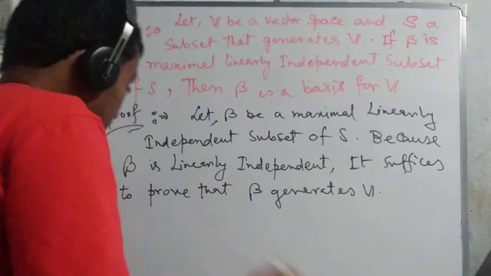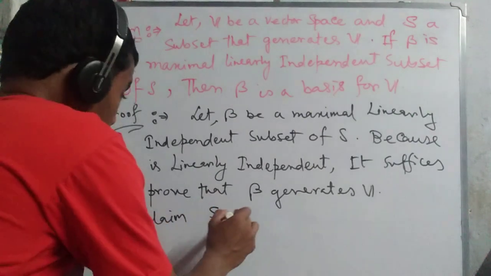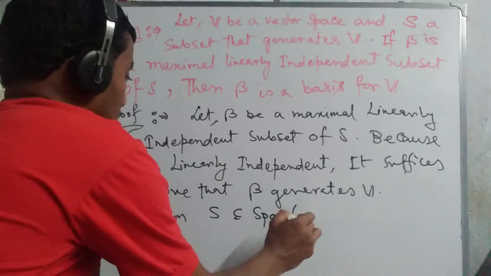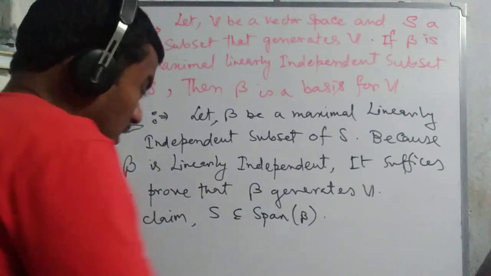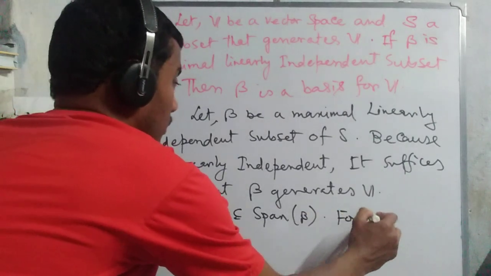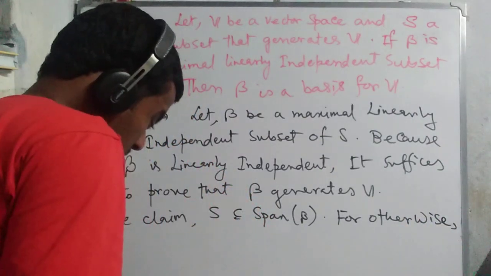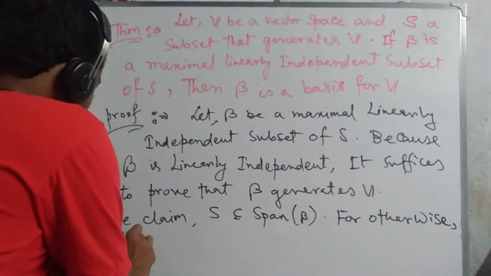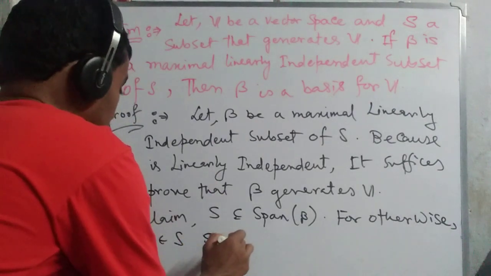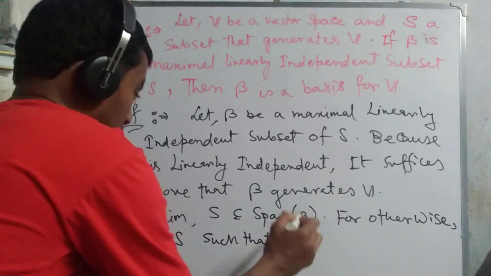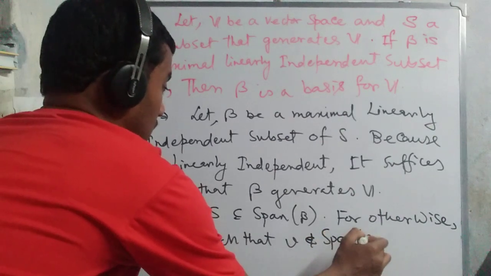Now we claim S is a subset of span of beta. For otherwise, there exists a v belonging to S such that v does not belong to span of beta.